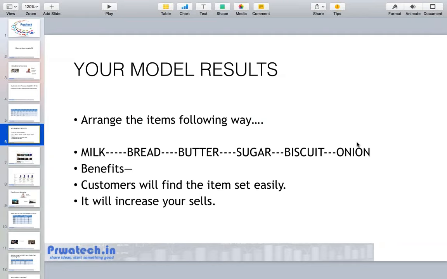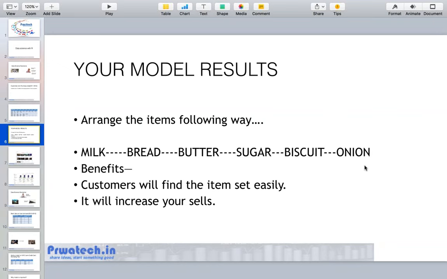After using that machine learning algorithm on this data, suppose your model gives a pattern like this: milk, bread, butter, sugar, biscuit, onion. It means customers are purchasing these products from that shopping mall.